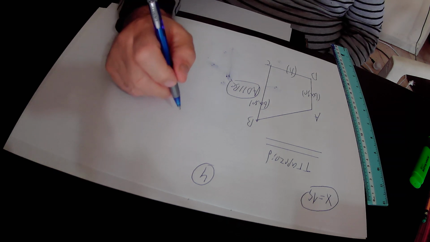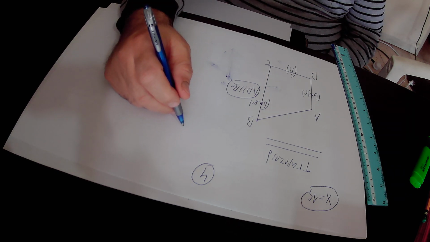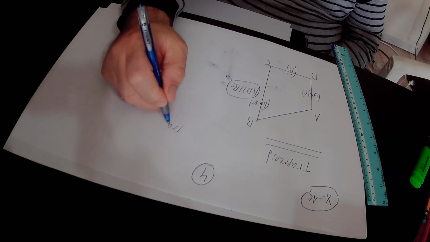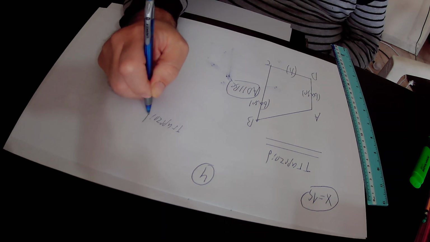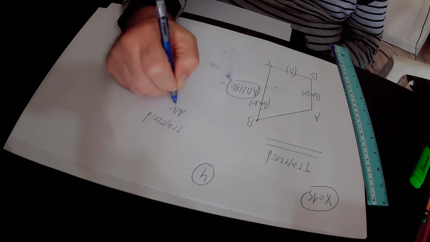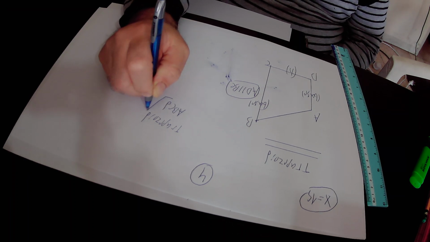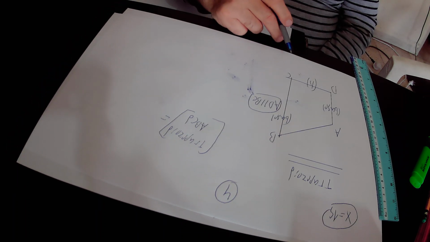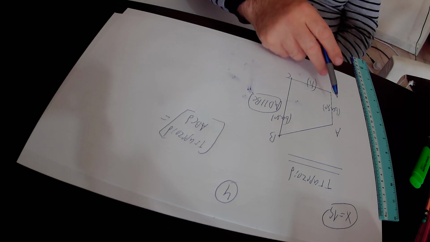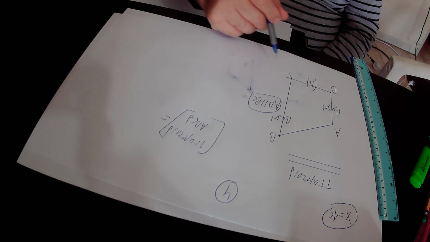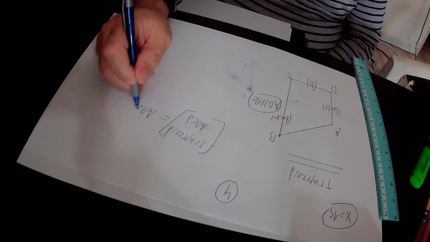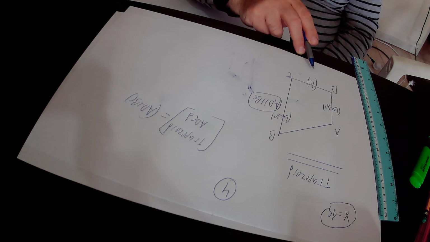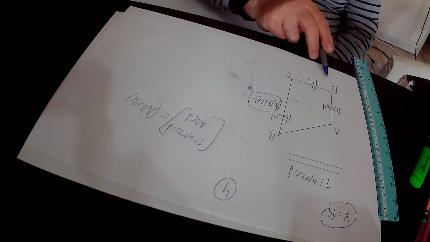So the area of trapezoid ABCD is equal to the sum of its bases, that is AD plus BC, times the height to the base. The height is DC, that is h, because it creates 90 degrees with the two bases.